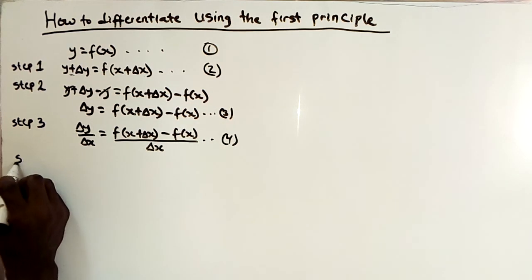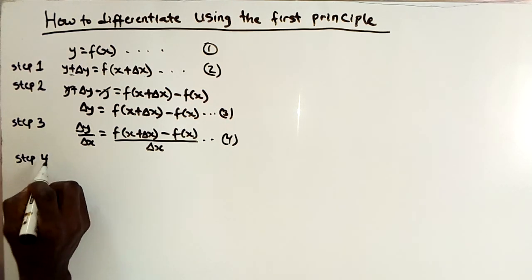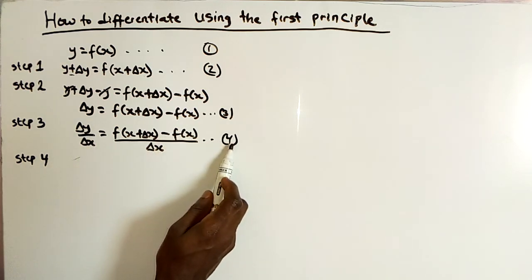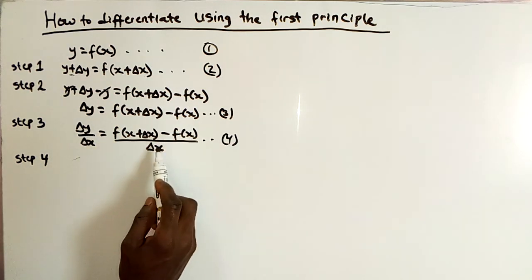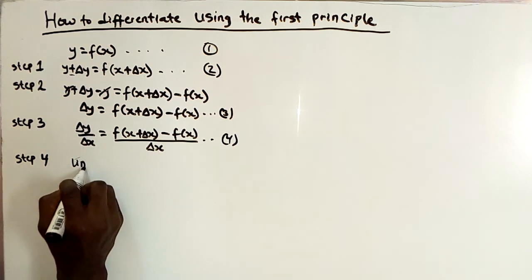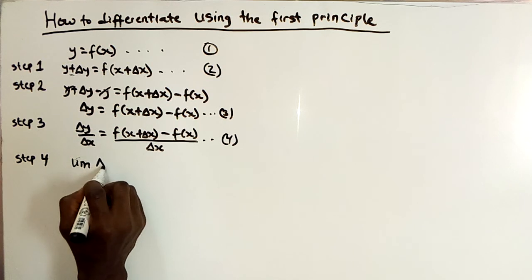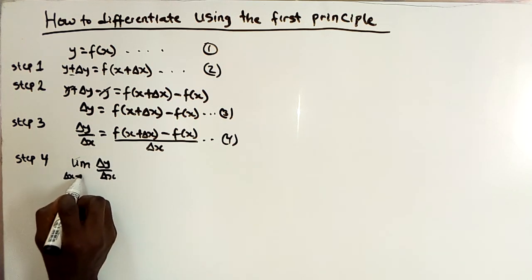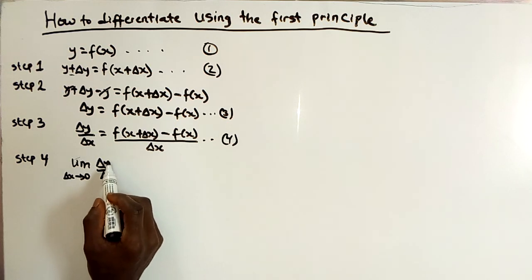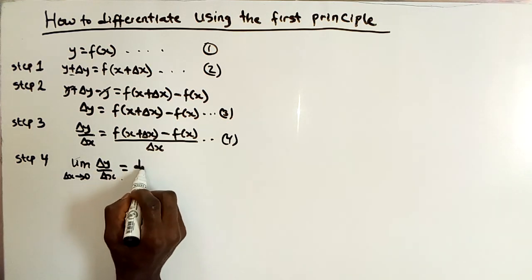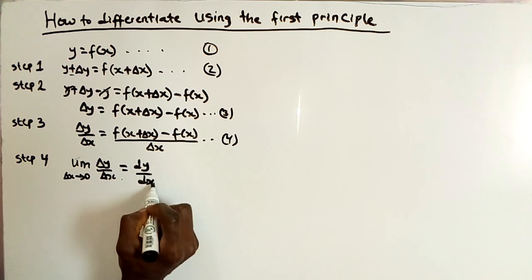Now the last step, step 4, is take the limit of equation 4, the limit of both sides, as changing s tends to 0. So that means it's going to be the limit of this changing y over changing s as changing s tends to 0. Now the limit of changing y over changing s as changing s tends to 0 is equal to our dy ds.